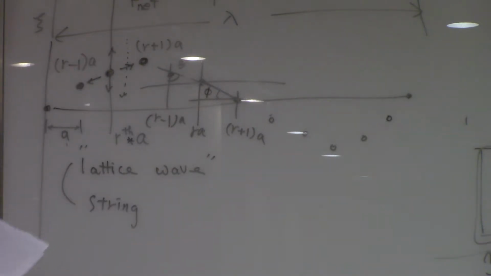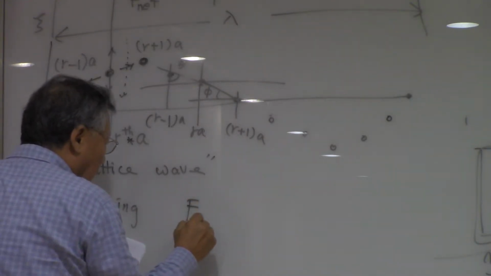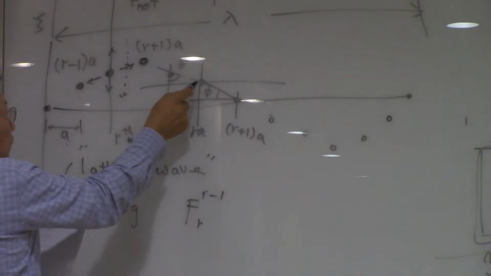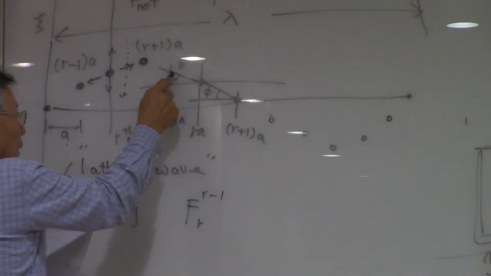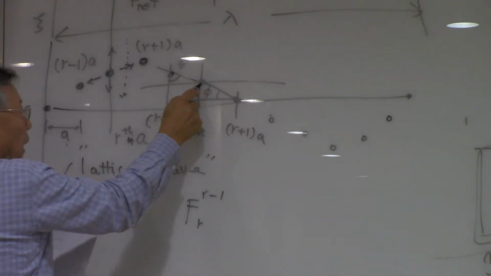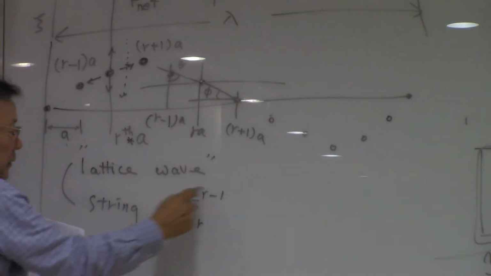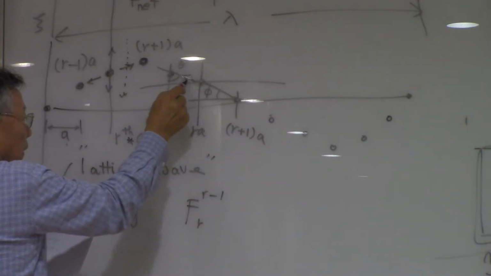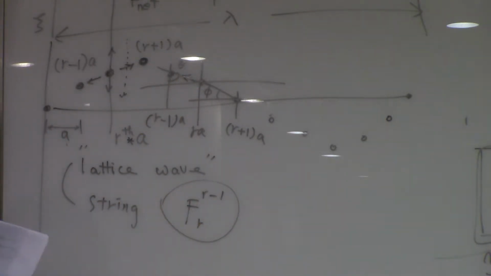So using this trigonometry, we have the force r, r minus 1. This force means the force between the (r minus 1)th atom and the reference r-th atom. So the force in between these is going to be called F r, r minus 1.